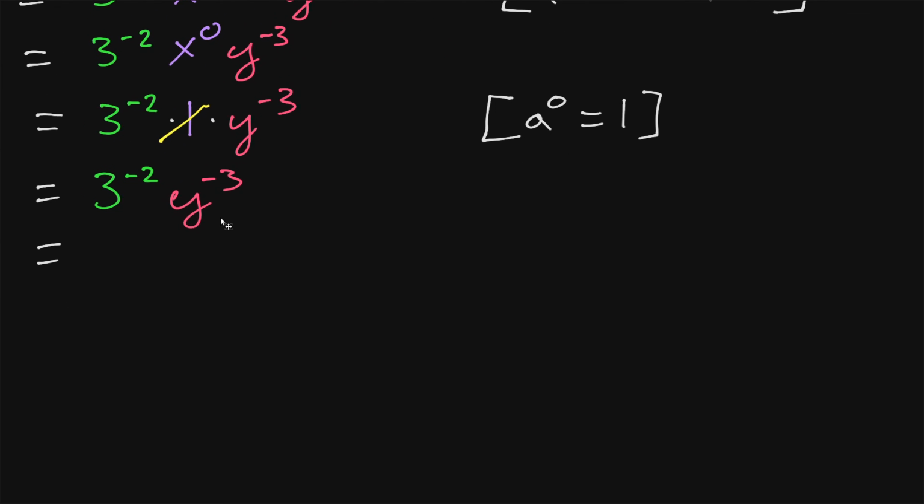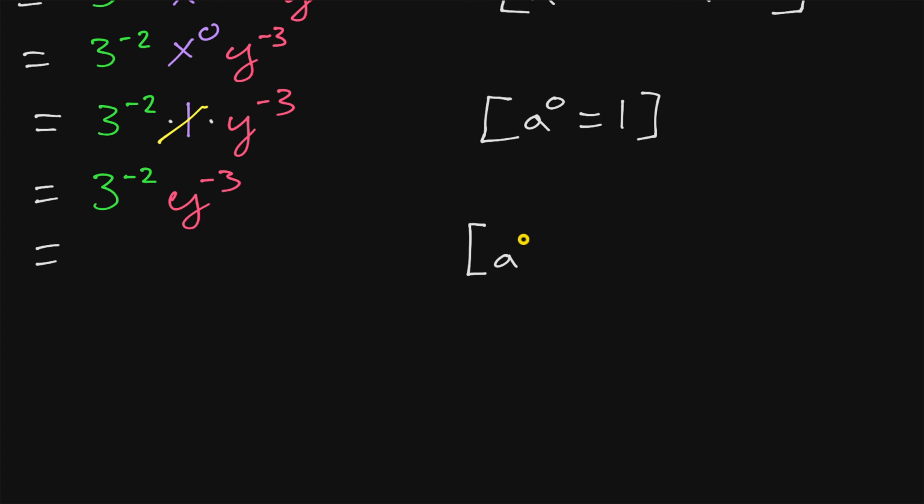Well, in order to deal with these pesky negative exponents, you have to use yet another exponent law. This exponent law basically says that if you take some number and you raise it to a negative power, this is equal to 1 over that number raised to the positive power.